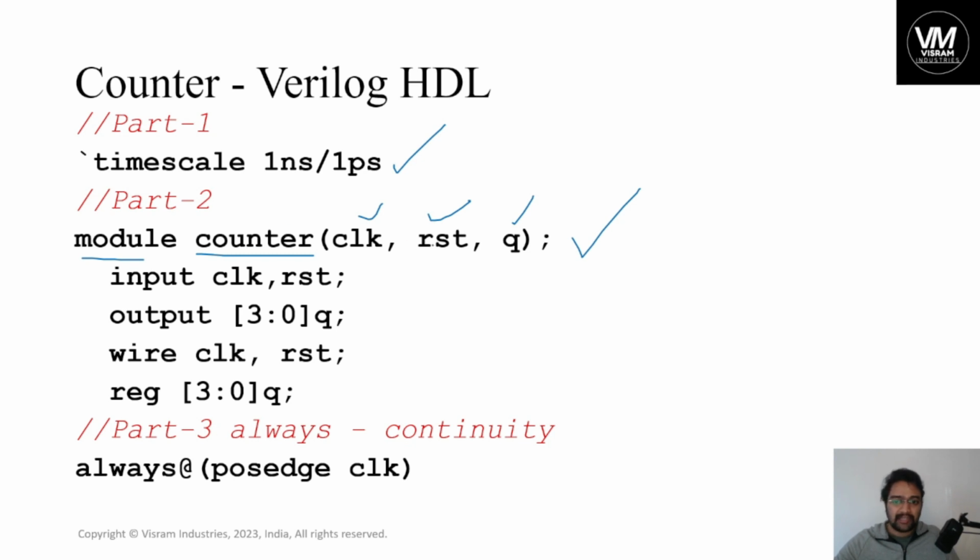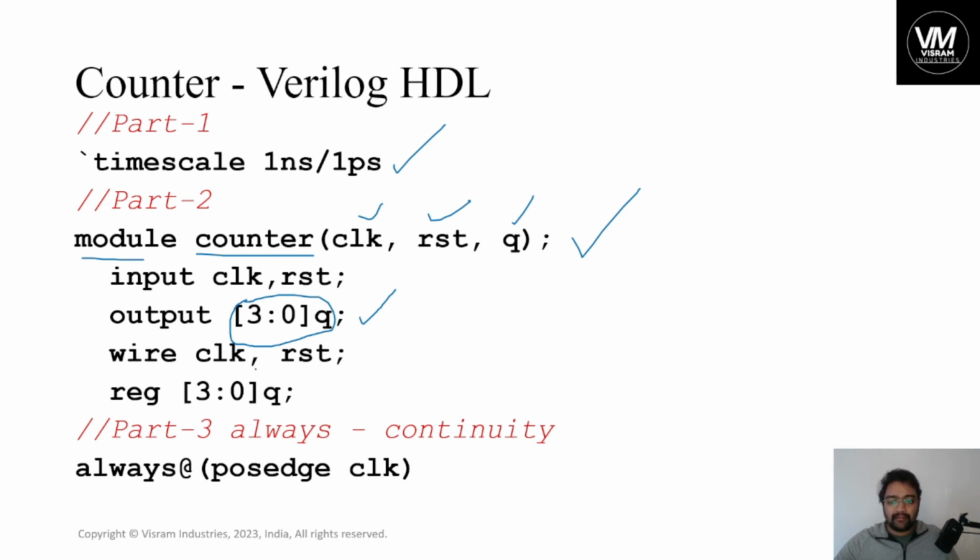For every counter, a basic example is clock, reset, and basic ports. So input clock and reset, output [3:0] q. When you declare an output, you need to mention the bit size. This is the size of the output, which has 4-bit capacity. It can't show you beyond the 4 bits.